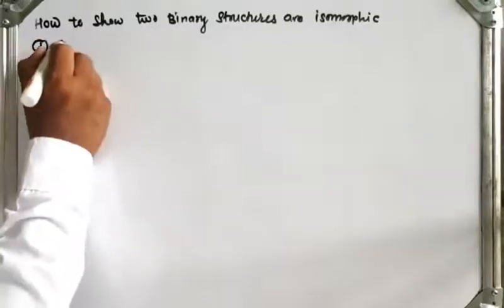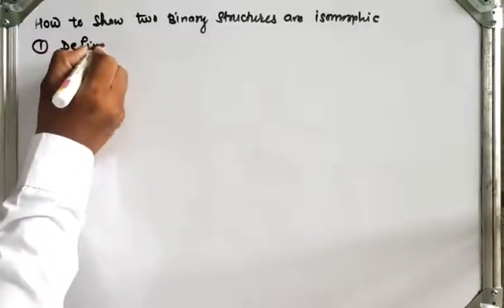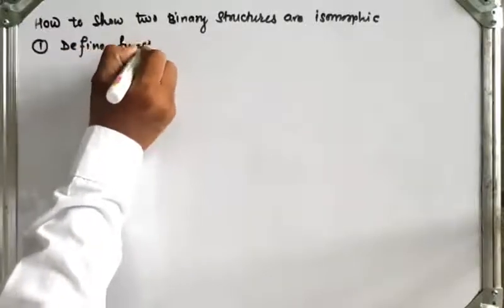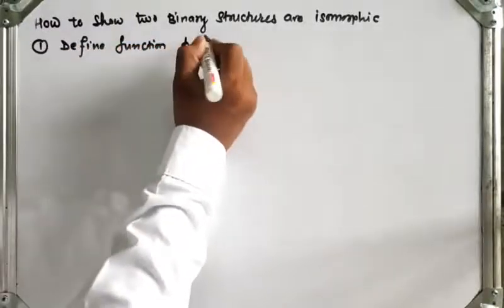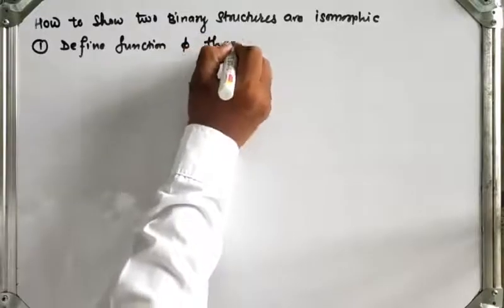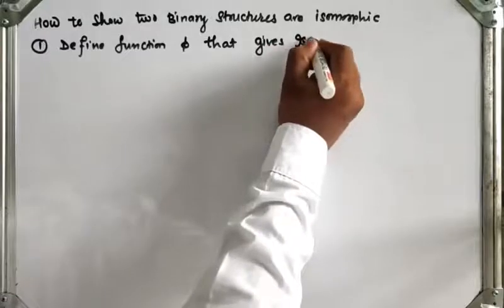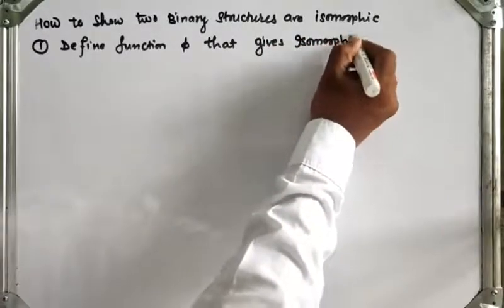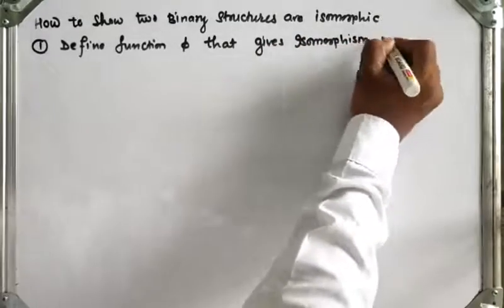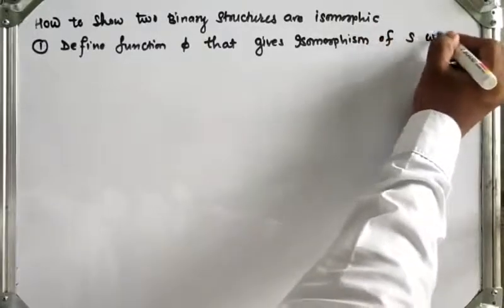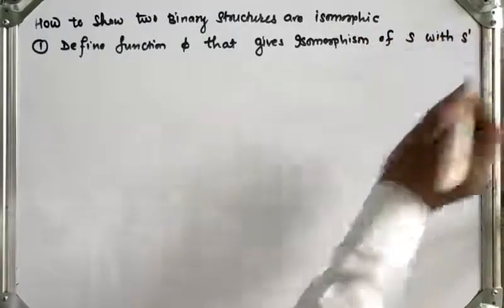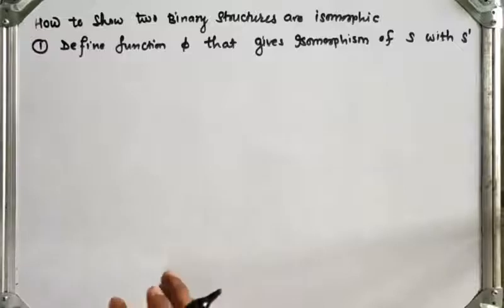First, define a function phi that gives an isomorphism of S with S dash.